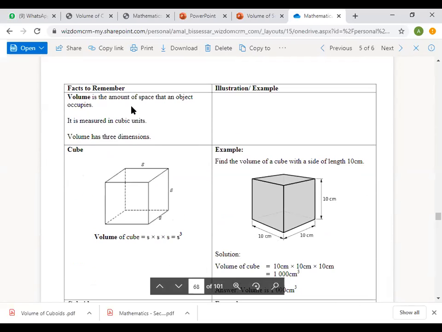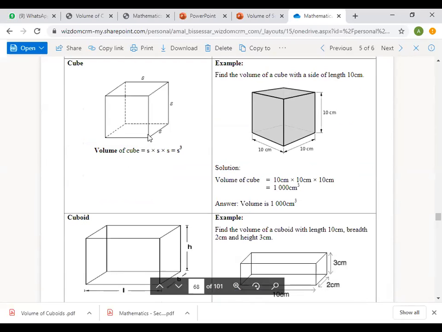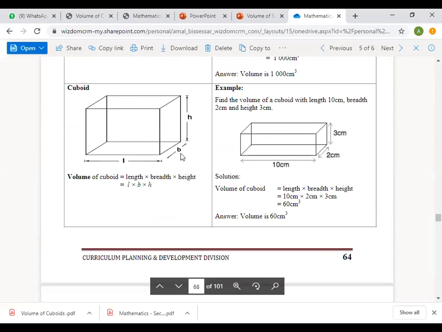Volume is the amount of space occupied in an object. And when you find cube, it is side by side by side. And when you're using cuboid, length by breadth by height. Those are the concepts that we would like you to ensure you understand.